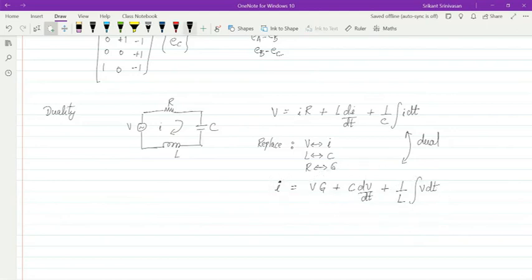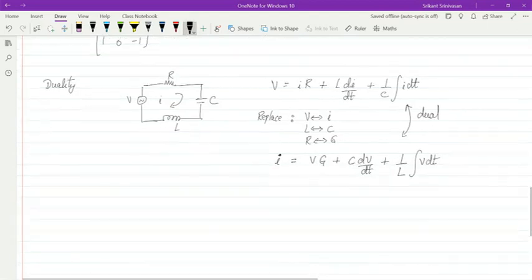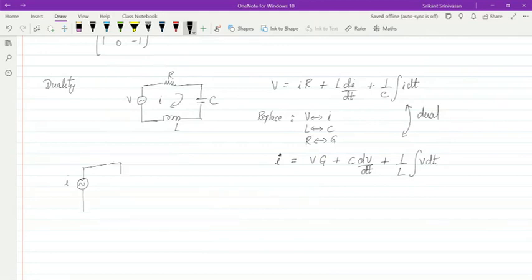So what kind of circuit is this? I have a conductance. I have a capacitance. And I have an inductance. So these are called dual circuits.